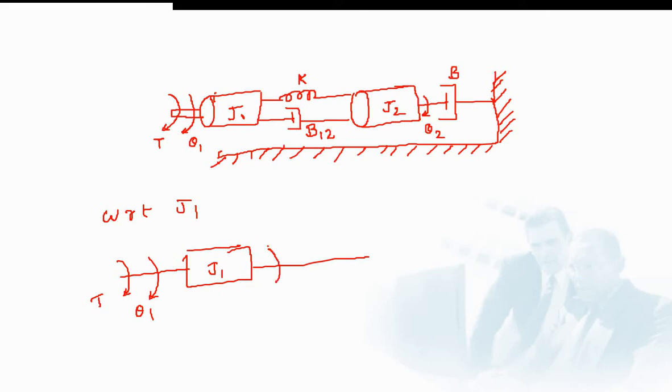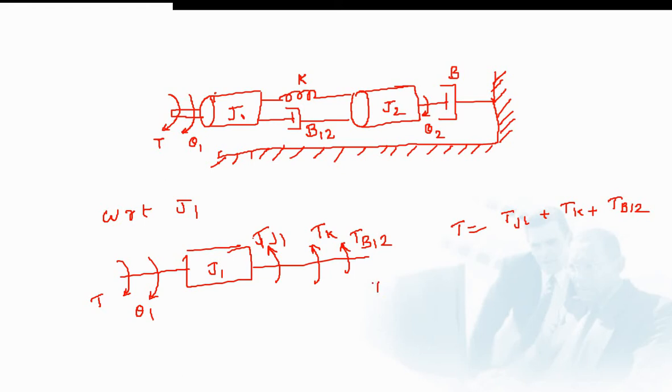They are the torque due to moment of inertia J1, then the torque due to spring K and the torque due to damper B12. Now we can write the equation: applied input torque is equal to Tj1 plus Tk plus Tb12.